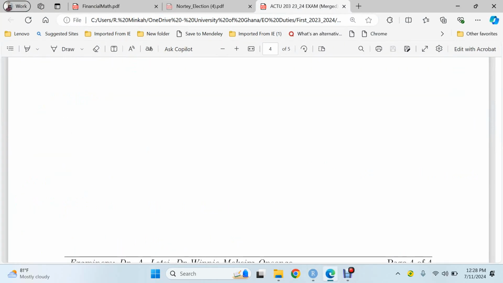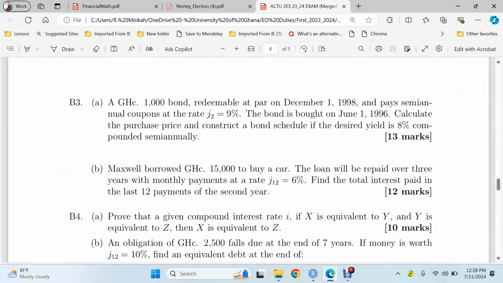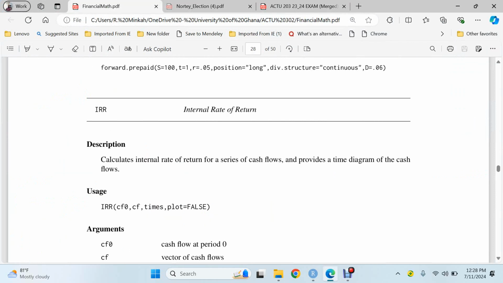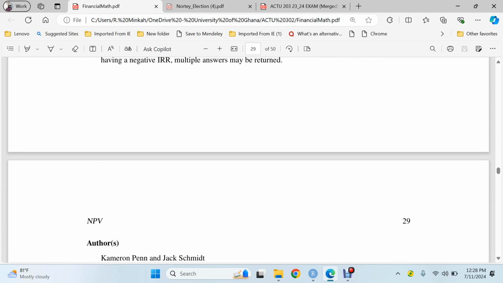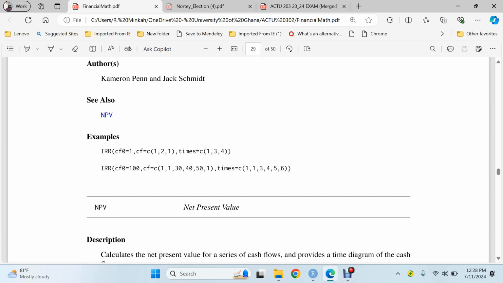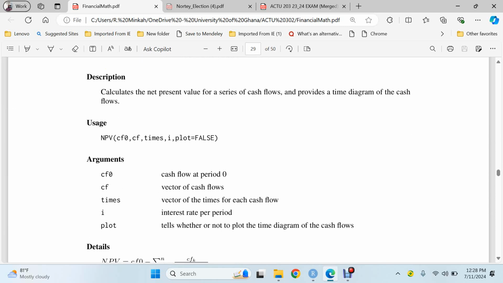Let's go here. So it tells us that, here. Okay, so we have the IRR, and then of course the net present value. Okay, so let me go. The net present value, NPV, it says what? It calculates what?